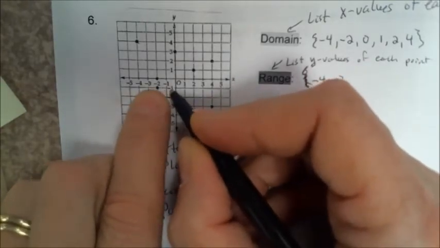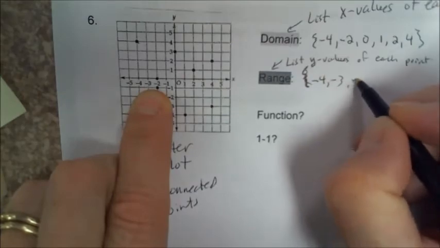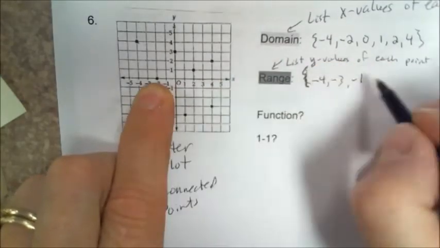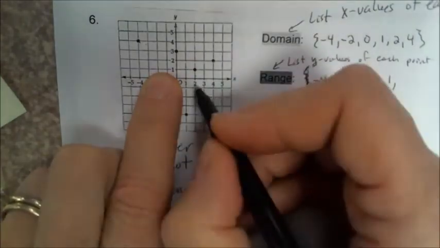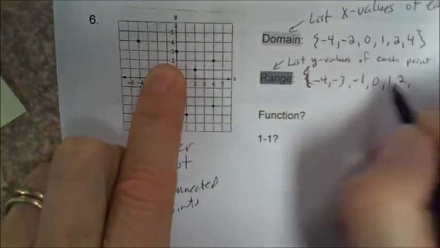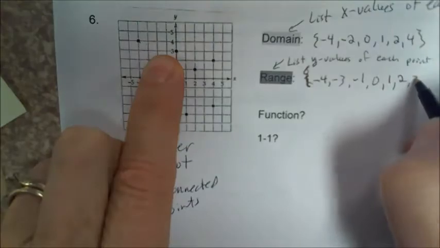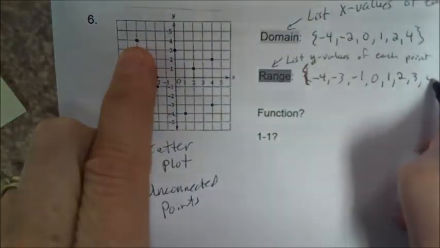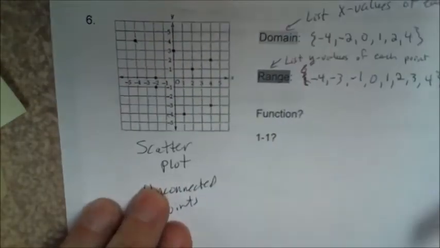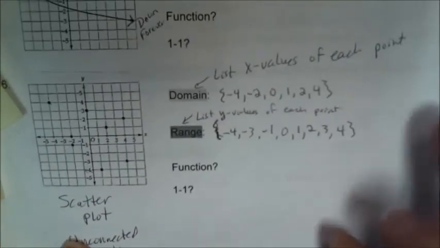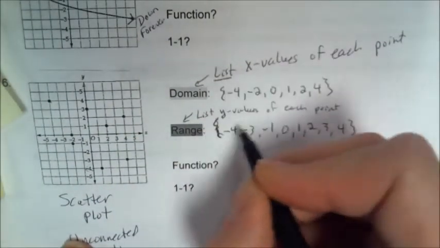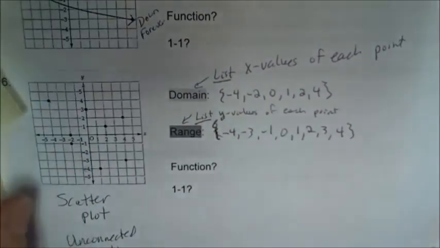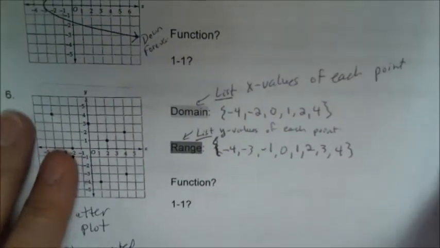Going up to this point, this y value is -1. This y value is 0. This y value is 1. This y value is 2. The y value is 3. And this y value is 4. So remember, scatter plots have a different way of saying domain and range because you have to make a list of all of those values.